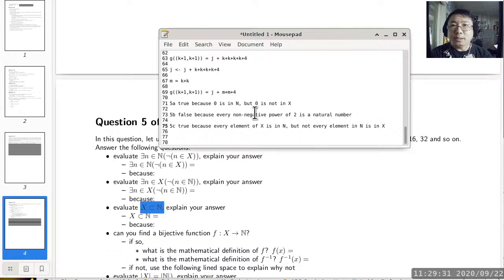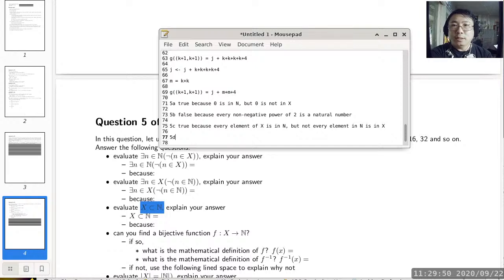So 5B is answering this part, but not every element in N is in X, and part A is answering that one. So because of the combination of those two, we now know that 5C is true. X is a proper subset of N.